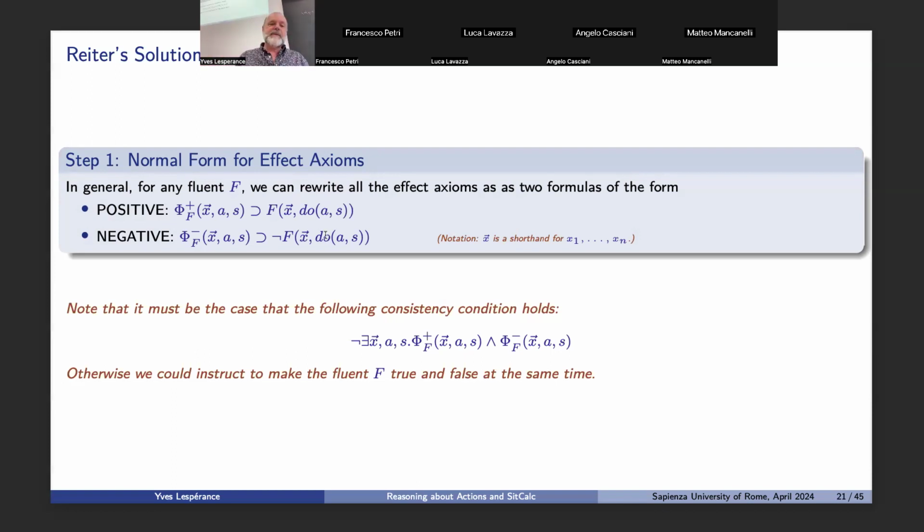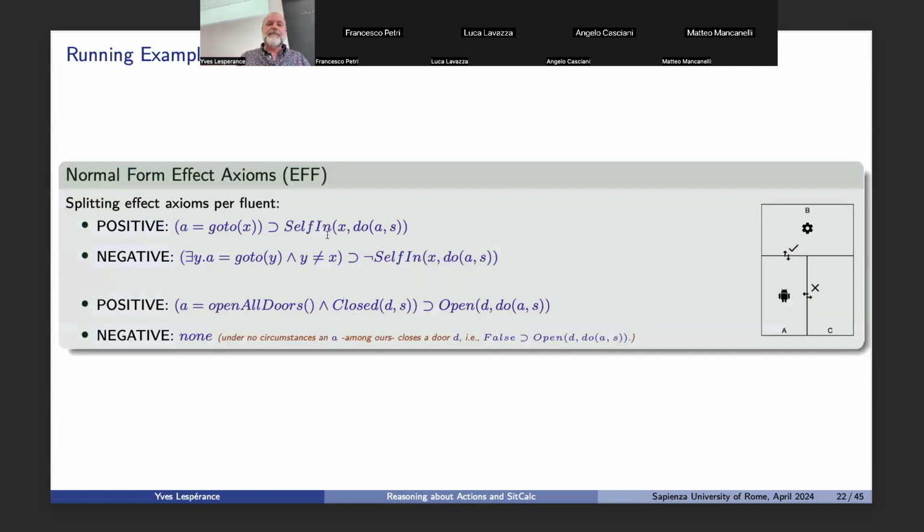Here, the only action for which self-in becomes true is the argument of the goto, and the other condition says Y is different from X, so X is different from the Y that you went to. So it's consistent.